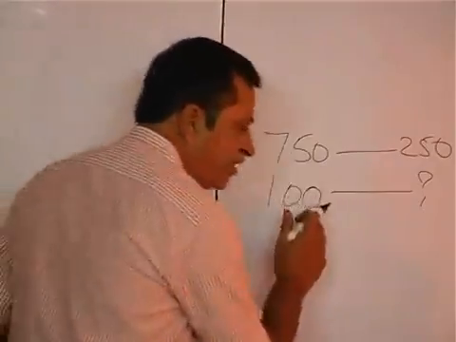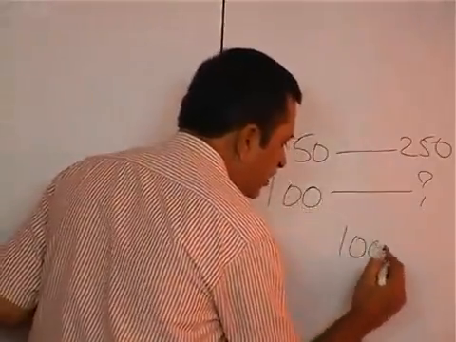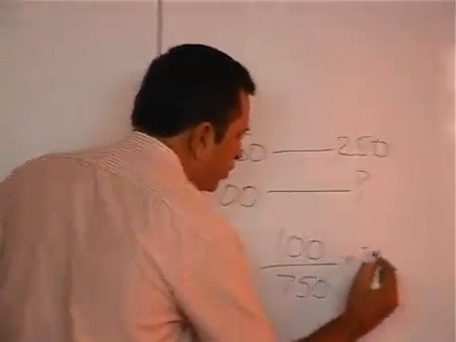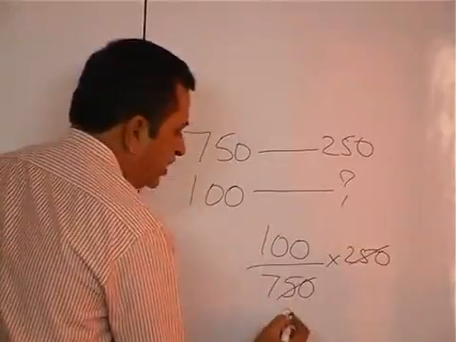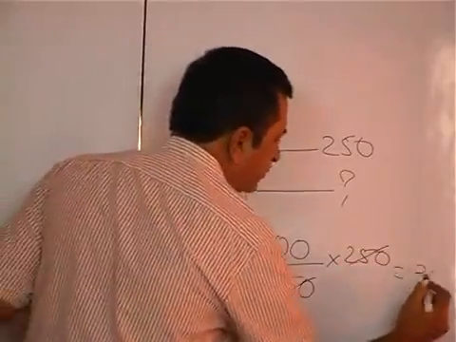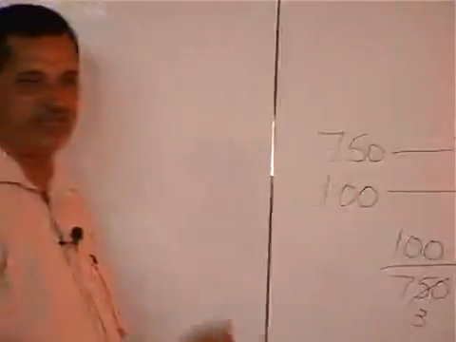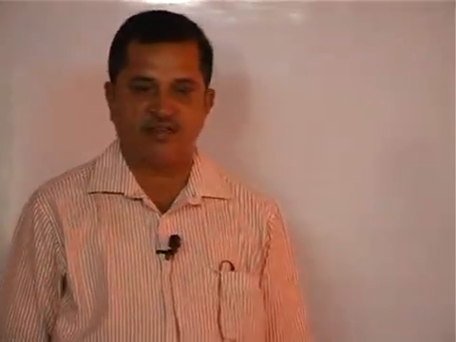Compared with 750, the value of 100 will be less. Less by more into 250. 250 by 3 is 100 by 3, which means 33 1 by 3%. Clear? Next.